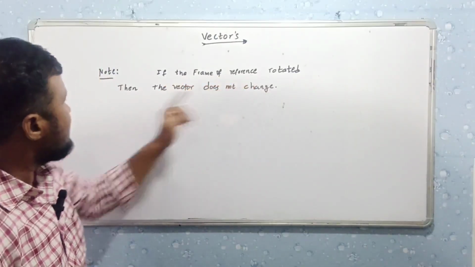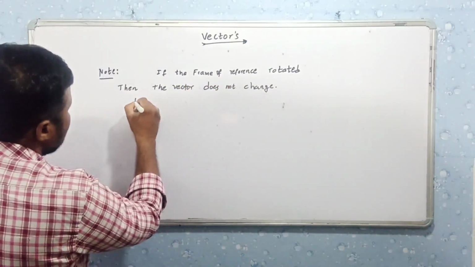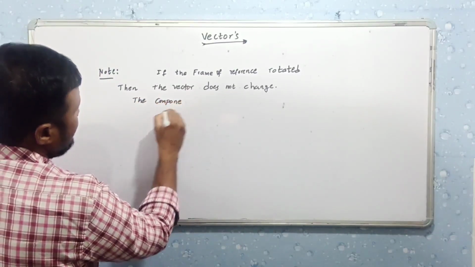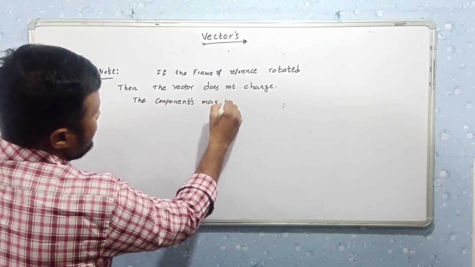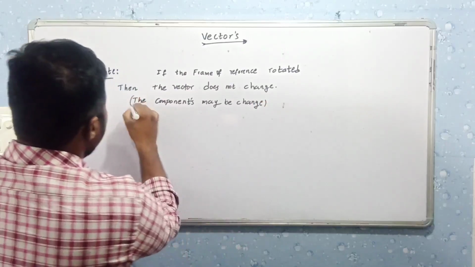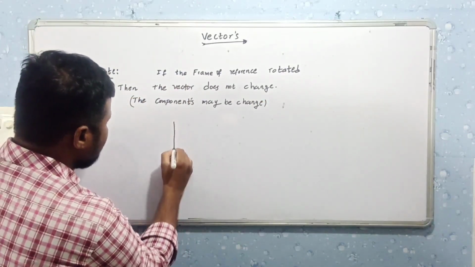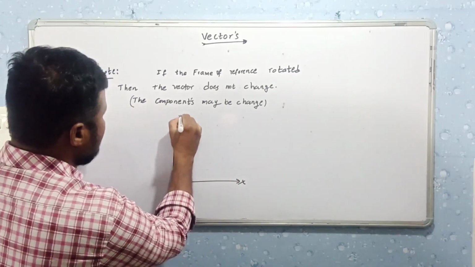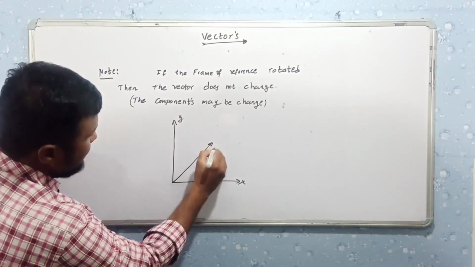If the frame of reference is rotated, then the vector does not change. The components may be changed. What is the meaning of it? Suppose I take a frame of reference, x-axis and y-axis. This is a vector.